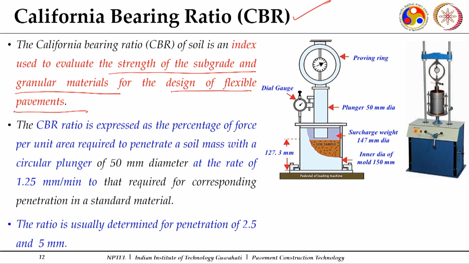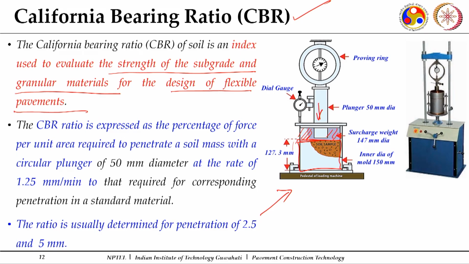Now, what is this? This is a penetration test. You can see there is a cylindrical mold with a soil sample, on top of it a surcharge weight plate is placed, and then a plunger is penetrated into this soil mass. There will be a resistance to this penetration, and we measure how much load is required for a given amount of penetration.